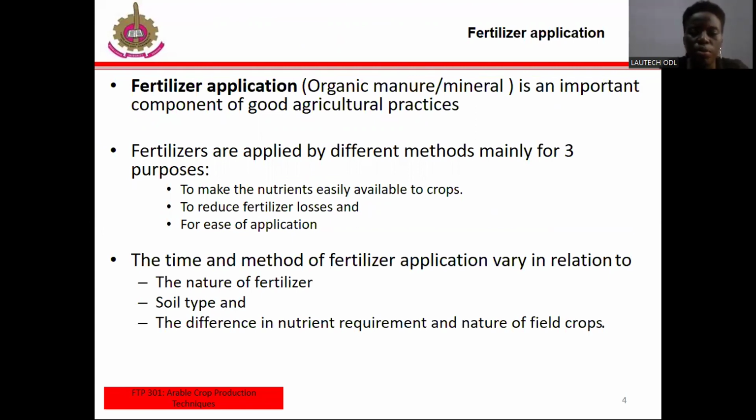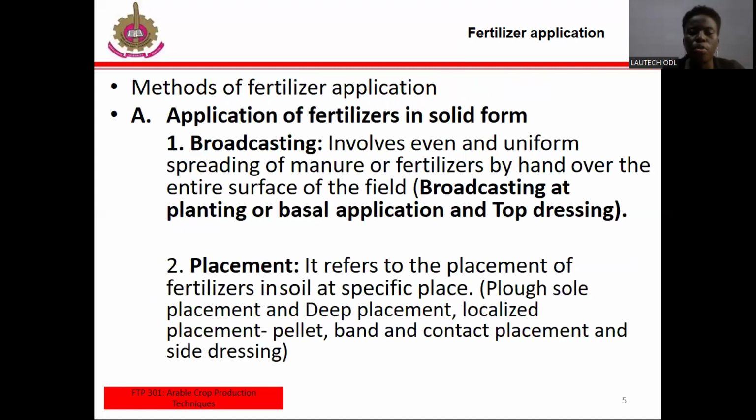It will also help to reduce fertilizer losses and also for easy application. The time and method of fertilizer application vary in relation to the nature of the fertilizer that you are applying, the soil type, then the difference in the nutrient requirements and the nature of the field crops.